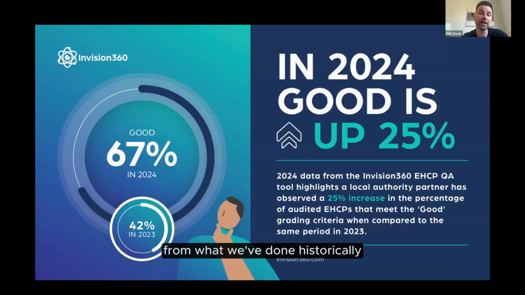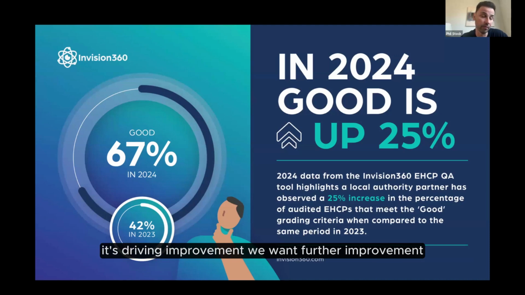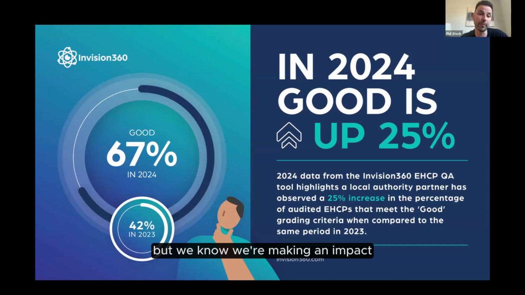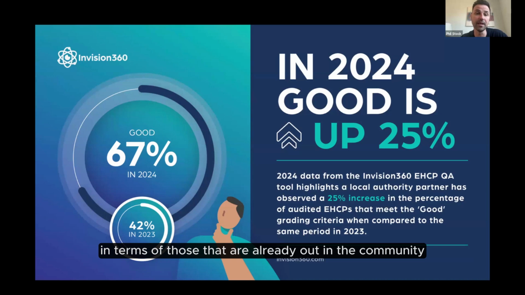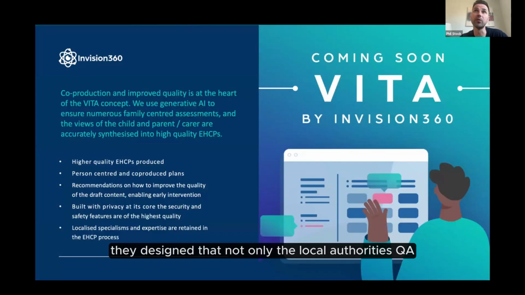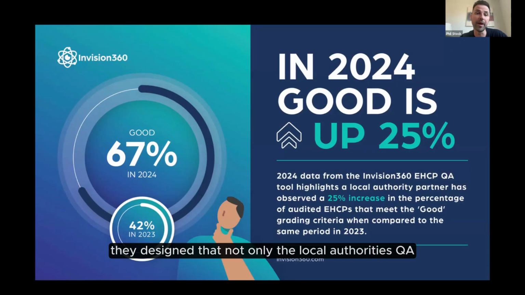From what we've done historically, we've got really good evidence that it's driving improvement. We want further improvement, but we know we're making a positive impact. The modules we've designed so far, those already out in the community over the last number of years, include the parent carer community. They're designed so that not only the local authorities QA, but parent carers can be part of that QA process.